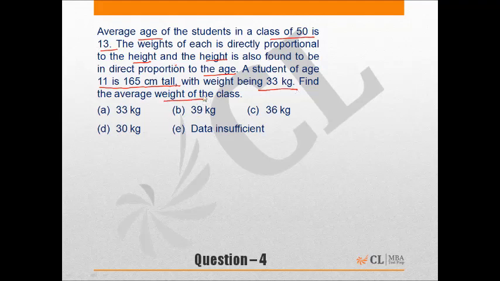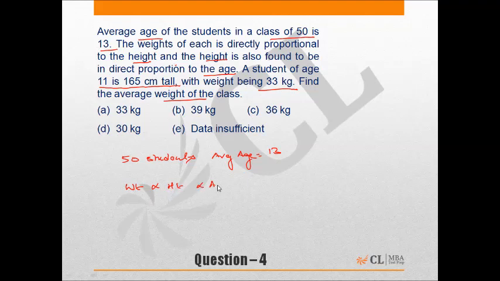So let's look at the data which is given to us. 50 students in the class. Average age is 13 years. Then it says weight is proportional to height, and height is also proportional to age.